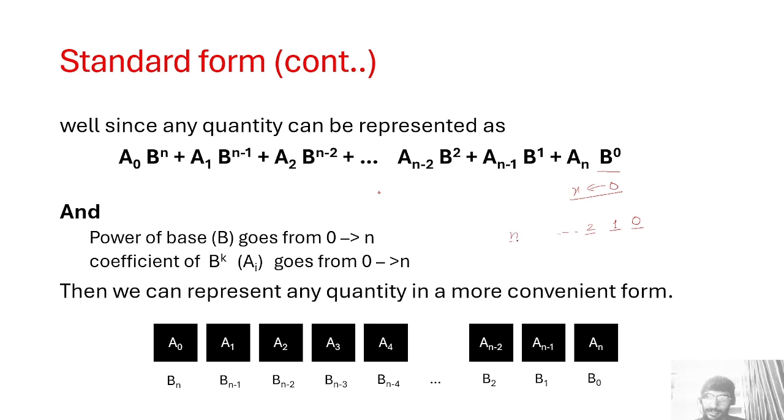We have the nth position, and in those positions we will place the coefficient of the corresponding powers. So if b has power 0, we can place the corresponding coefficient of power 0 in that position. So here we'll have a_n.